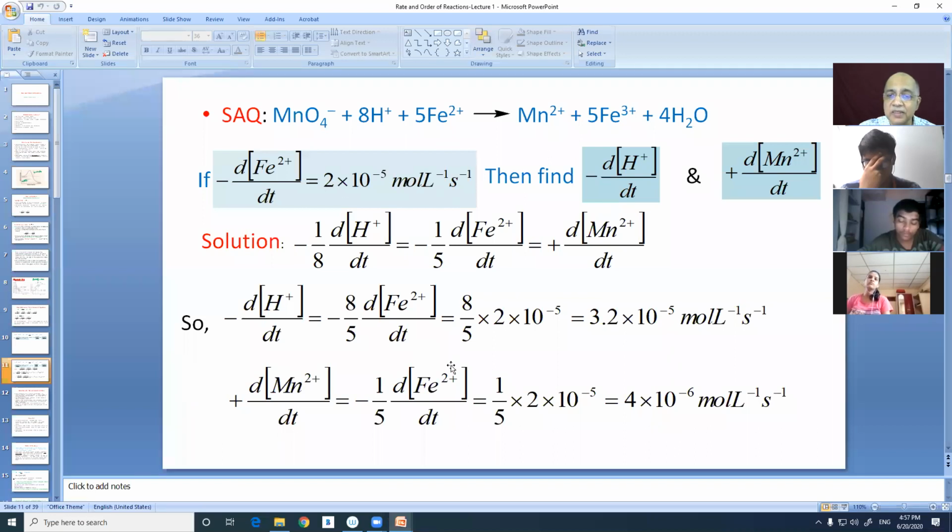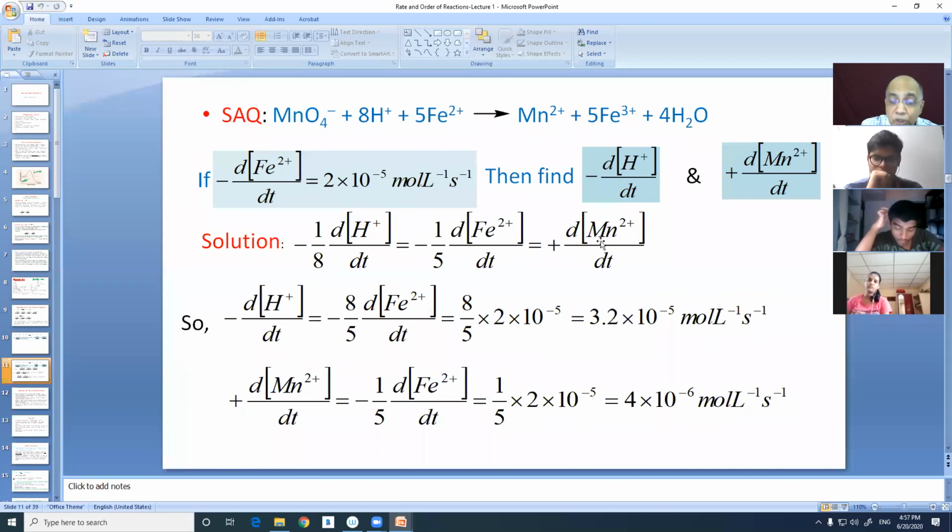So minus minus is plus. You understand? If you put this, the minus sign is already there. So the rate can never be negative. The final answer on the right side will always be positive. So 8 by 5 into whatever value was given, I don't bother.